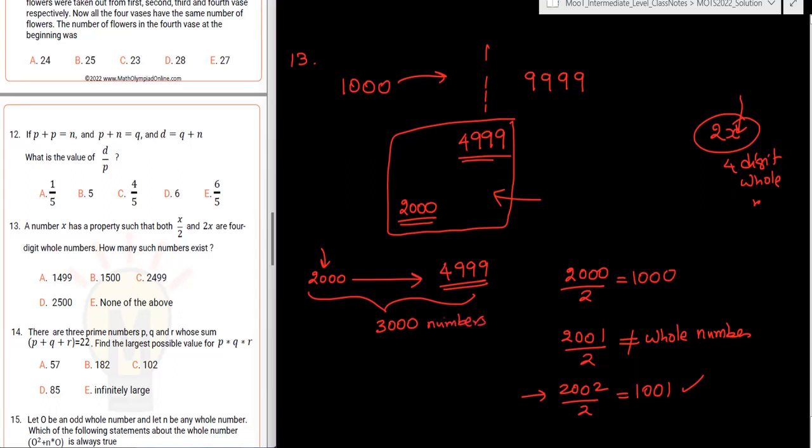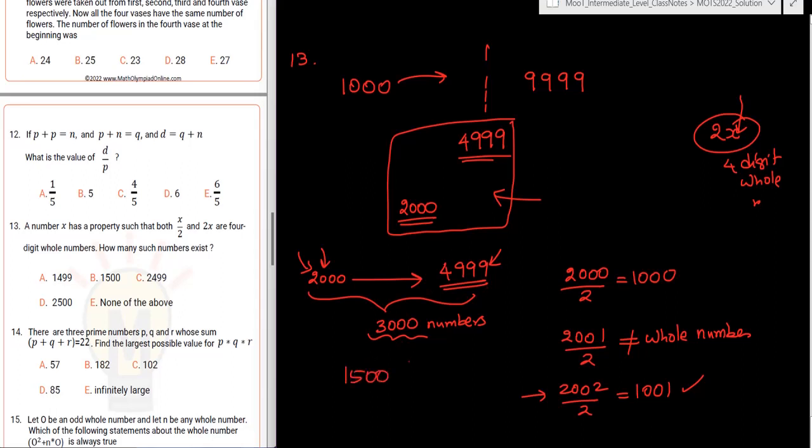Okay. In these 3000 numbers, half of them will be even, half of them will be odd, isn't it? Because for every even, there is an odd sitting next to it. And you are starting with even and you are ending with odd. So if you take the first number as even, the next number is going to be odd. Again, the next number is even, odd, and it finally ends in odd. So that means half of these numbers are going to be even numbers.